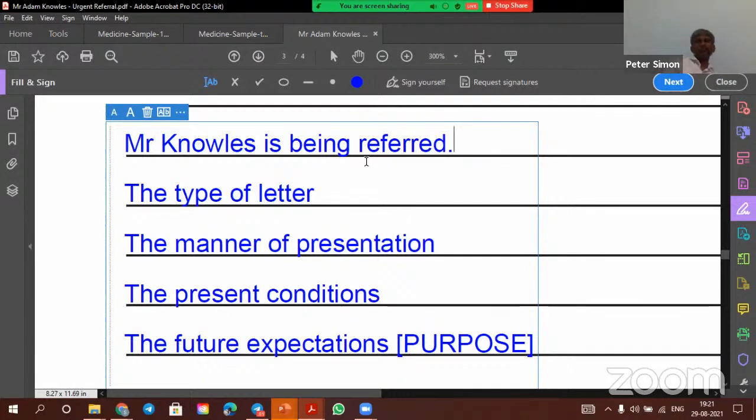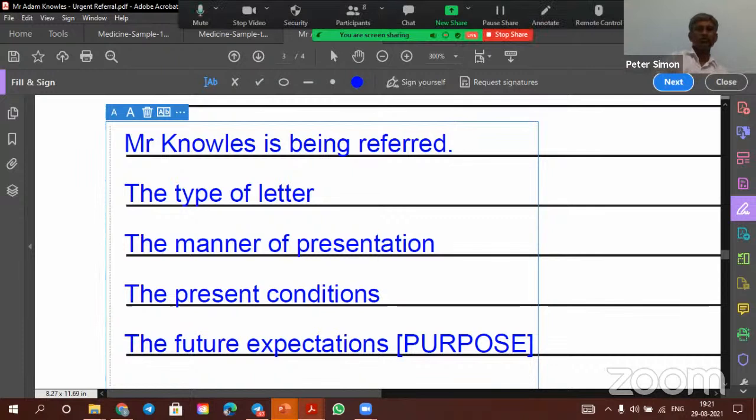Full stop. So Mr. Knowles has come, referred has come. Okay. Mr. Knowles and referred both have come. Is being referred. Okay. I am referring, present continuous, active. Mr. Knowles is being referred, present continuous, passive. This is passive sentence. Learn this sentence. Afterwards, you can add many things to this.